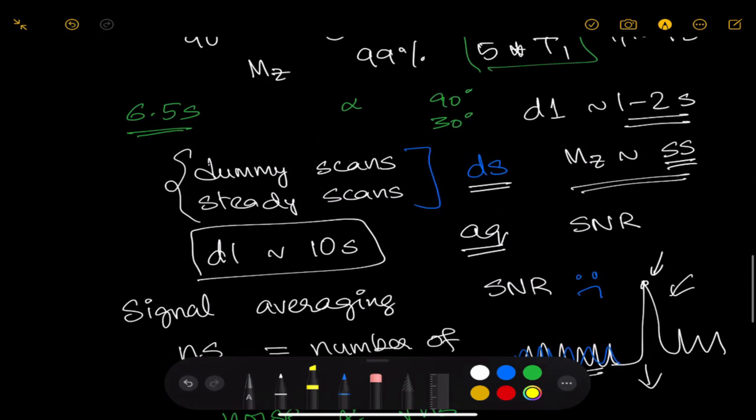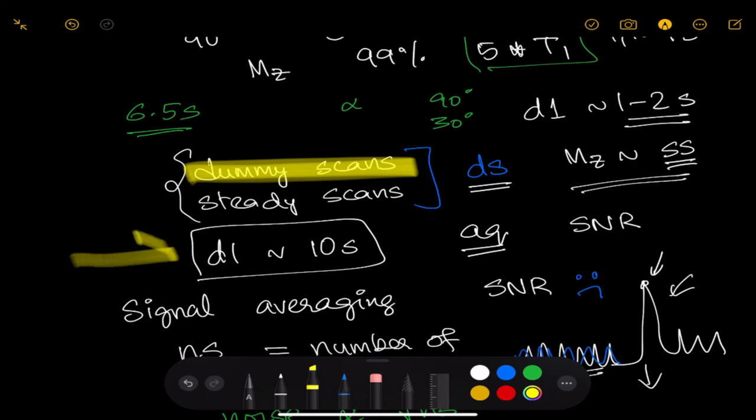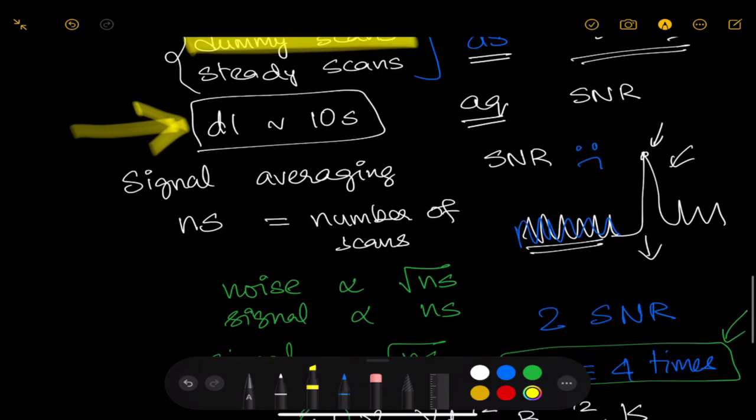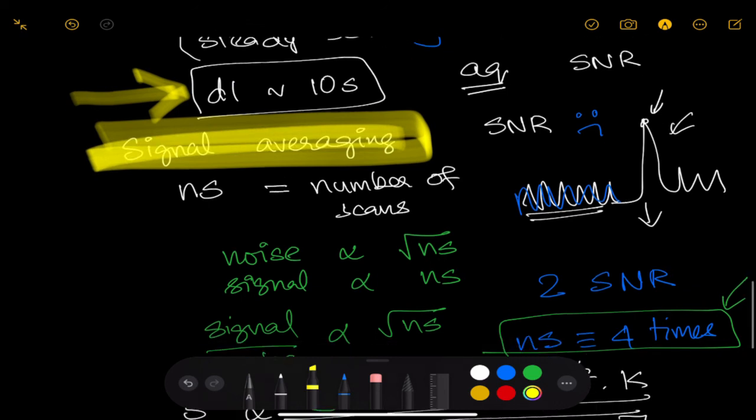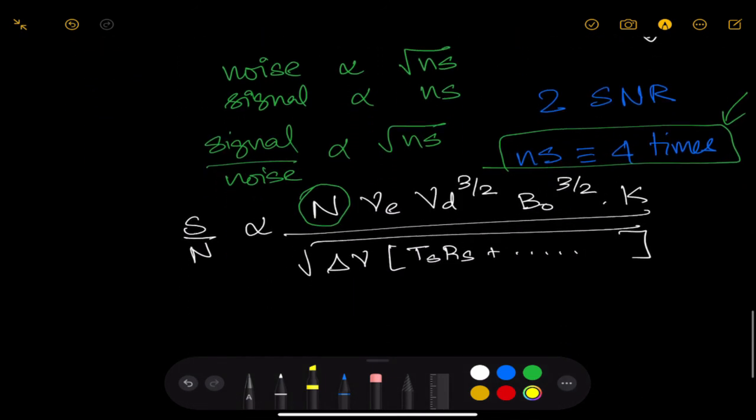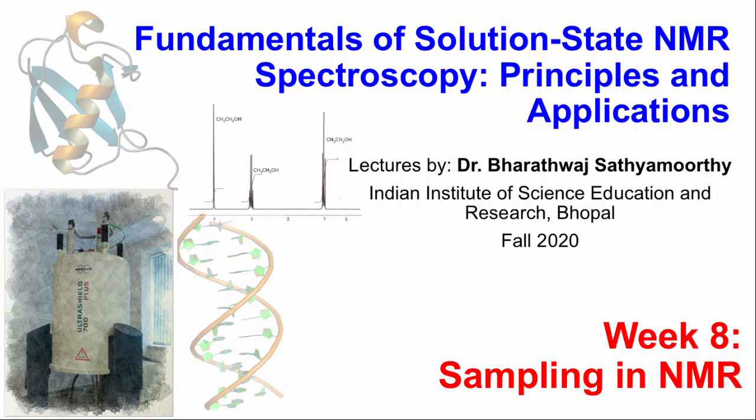In addition, you also learn that dummy scans help you reach a steady state so as to ensure that the integrals work out fine. In the case that you don't want to do a steady state, you end up having a very long D1. And the most important aspect of NMR, signal averaging, is very important in order to improve signal to noise. However, it comes at the cost that if you want to double your signal to noise, you need to acquire the experiment 4 times longer.